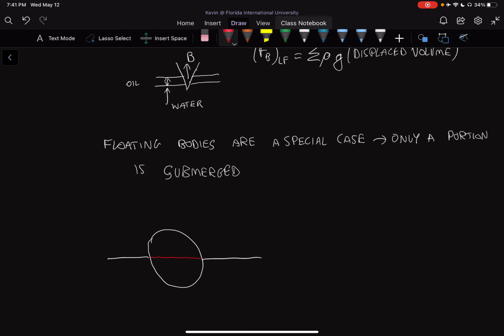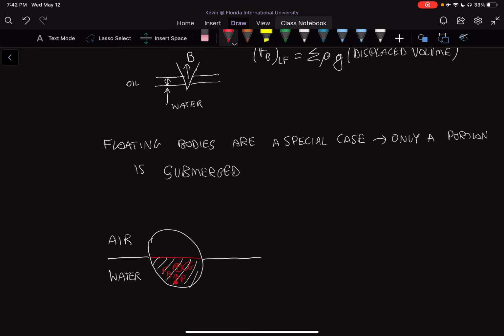You have, for example, water here, and above you have air. The piece underwater would need a center of gravity just for that part of the system, and our buoyancy force would be acting upon that center of gravity.